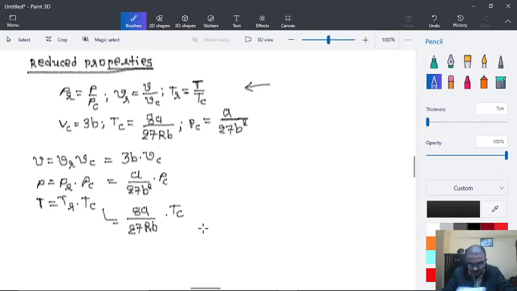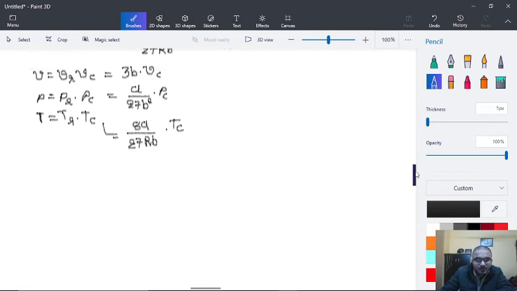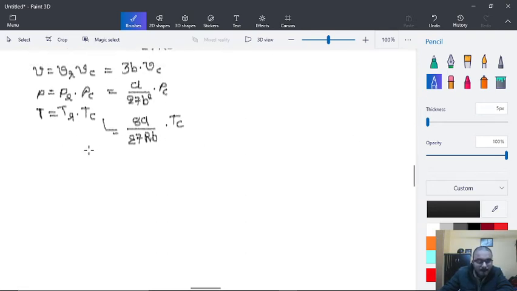We are going to substitute this into the van der Waals equation. The van der Waals equation that we have is P plus a upon V square into V minus b is equal to RT.